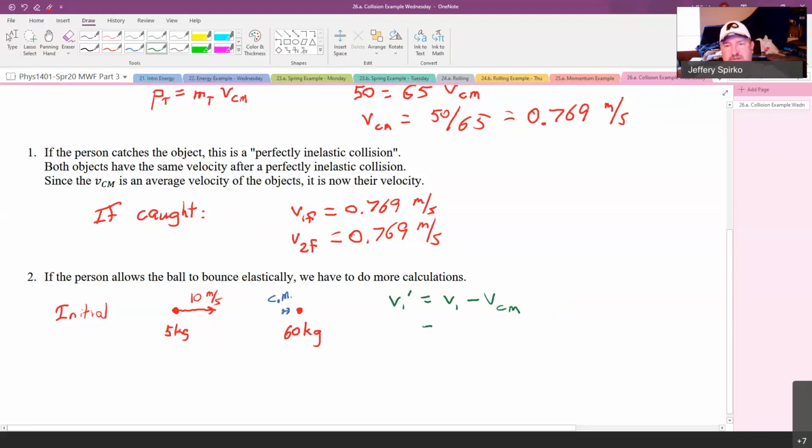So this is 10 minus 0.769, which is equal to 9.231. So V1 initial prime is V1 minus V center of mass, 9.23 meters per second.